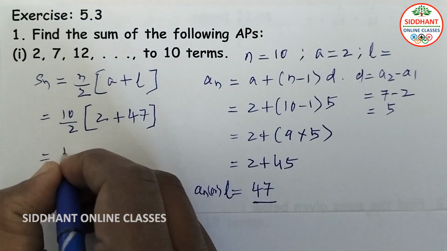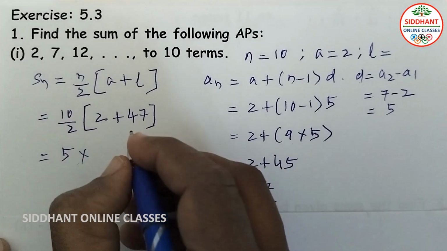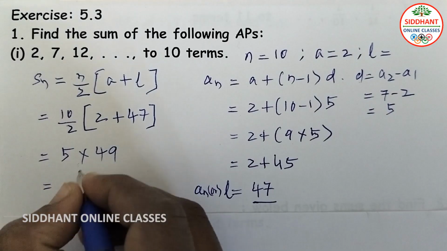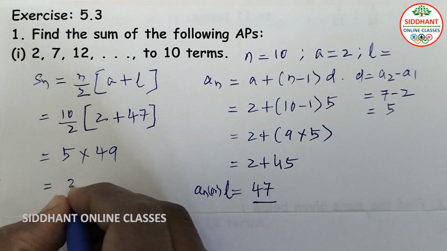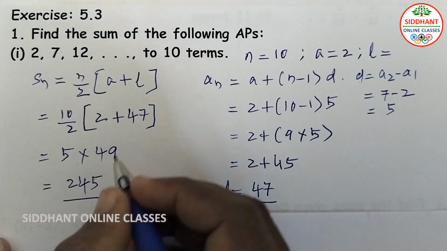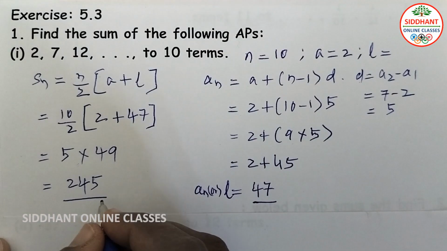Now 10 by 2, which is 5, into 2 plus 47, which is 49. So 5 into 49, we are going to see 245. So the sum of these 10 terms is 245.